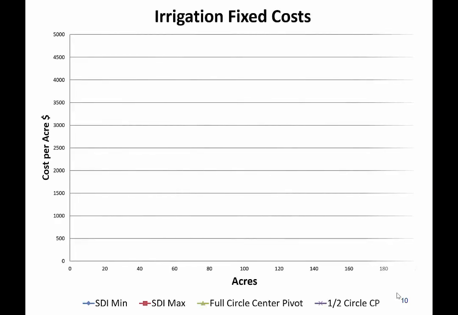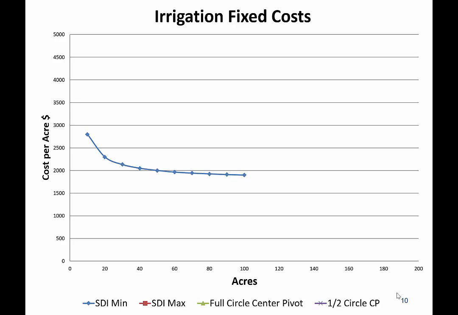Okay. So when we look at cost per acre on this axis, ranging from 0 to 5,000, and then the size of the system ranging from 0 to 200, if we were to put in SDI, we're going to see a curve that looks about like that, where we start off at about $2,700 being our worst case scenario on the bottom end, because we're small field at like say 5 acres or so.